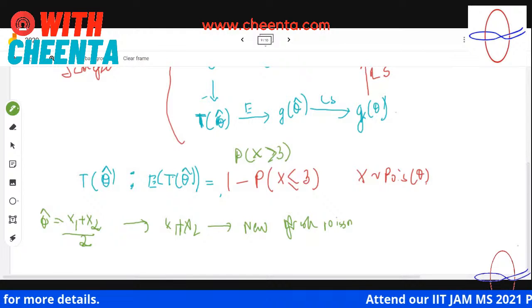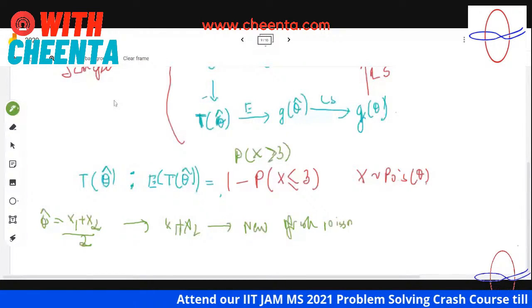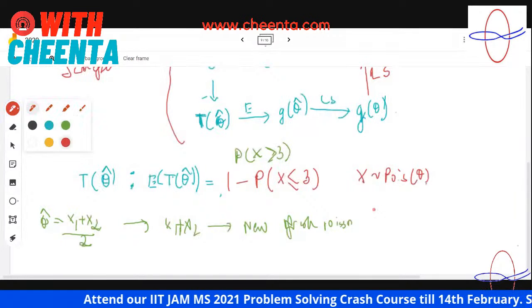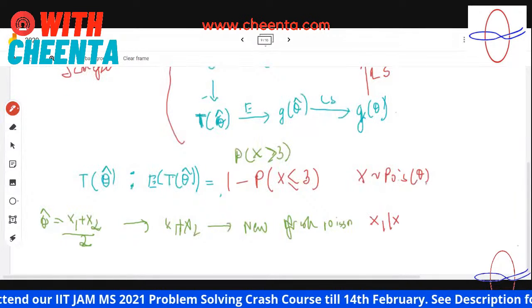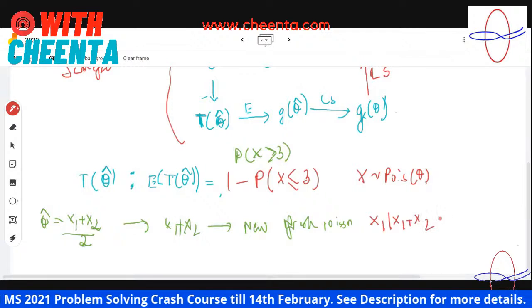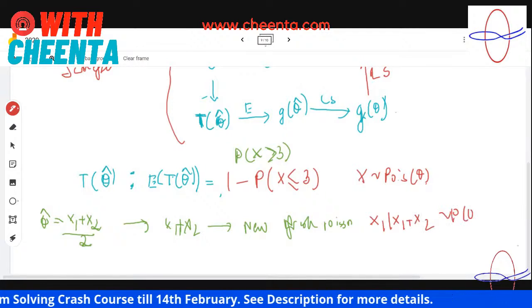So this is Debargo's thing: x1 given x1 plus x2 follows Poisson with ratio theta. Is it true or not? That's the question.